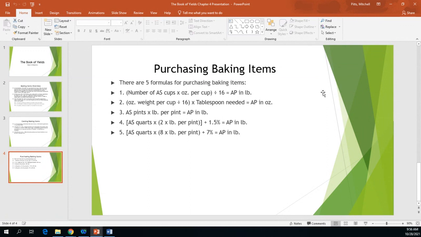Number 2, the ounces weight per cup divided by 16 times tablespoons needed gives you the AP in ounces. And number 3 is as served pints times pounds per pint is equal to AP in pounds. Number 4 is as served quarts multiplied by 2 multiplied by pounds per pint plus 1 point.